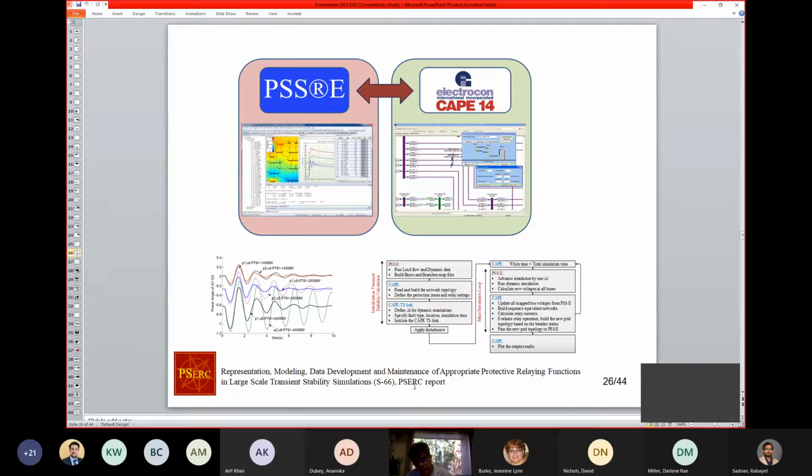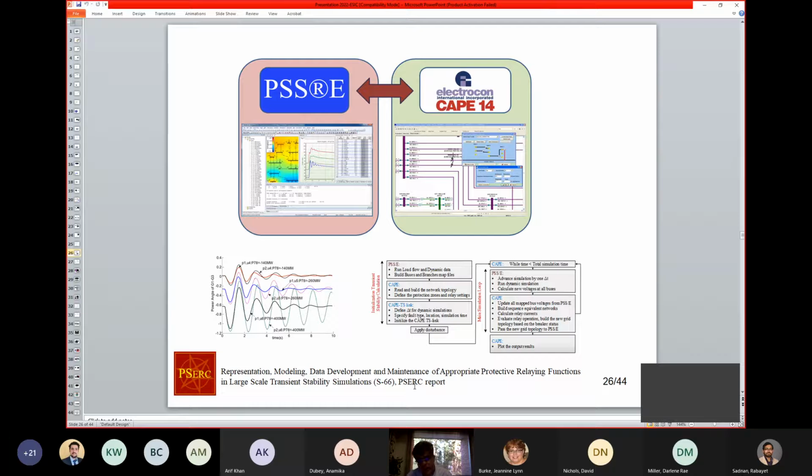But we have another ongoing project on relay misoperation detection for IBR-dominated power grids. The few that I mentioned are common in the conventional power system and IBR-dominated ones. But when you have IBR-dominated grids, we have more cases and more scenarios where the relay may misoperate.